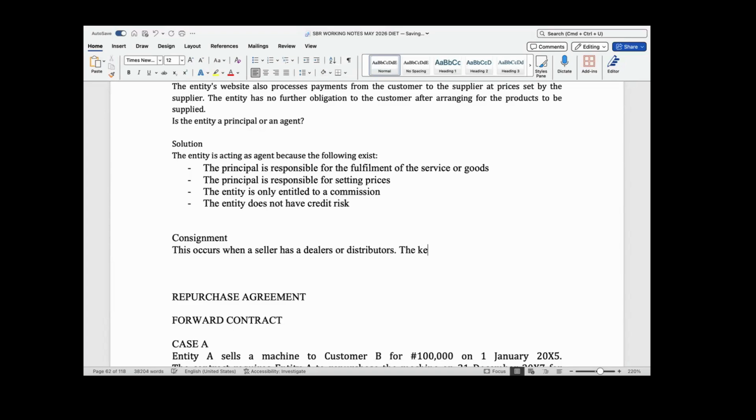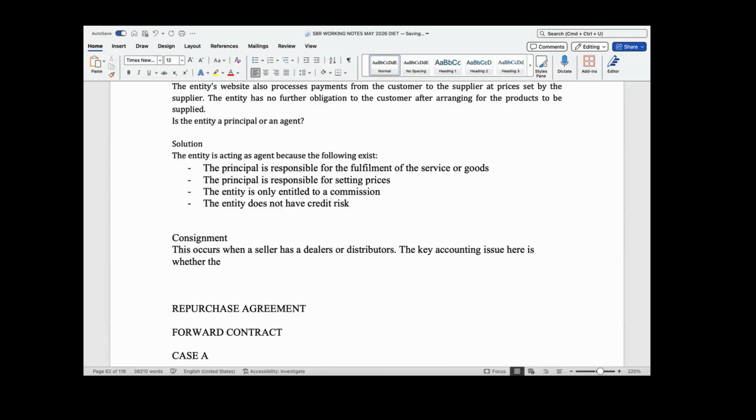The key accounting issue here is whether the seller can recognize revenue when it transfers the goods to its dealers or distributors.